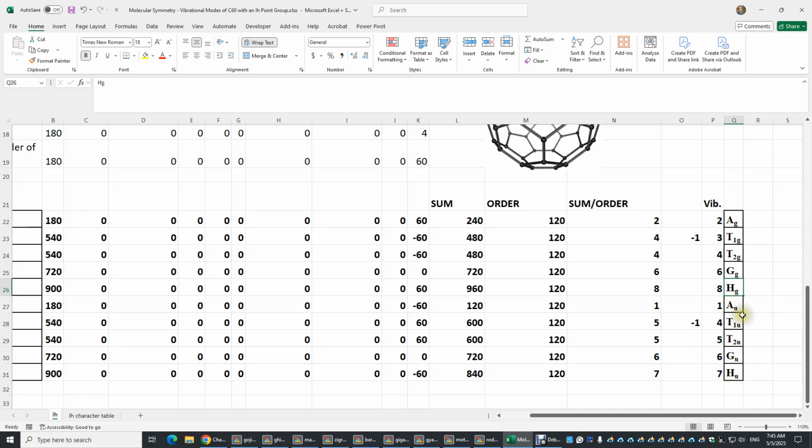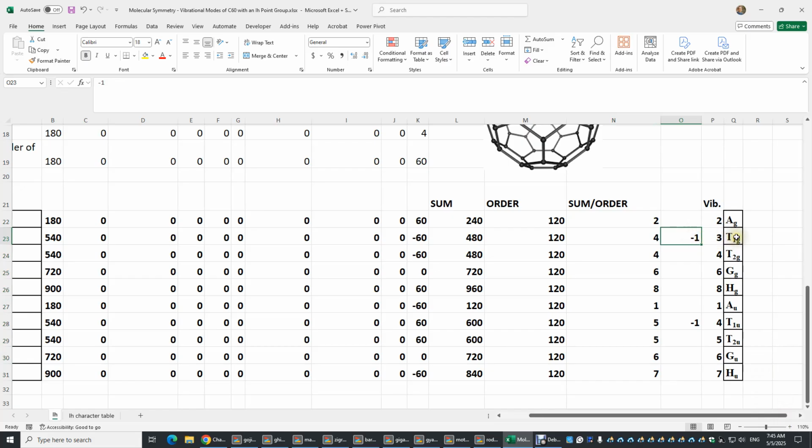Correspondingly, we have u symmetry as well, and then we have determined the symmetry of 180 motions, because we have 60 carbon atoms. Each has 3 independent coordinates, so we have 180 independent coordinates. Correspondingly, we have 180 independent motions, and they belong to these irreducible representations. And now, to determine the vibration modes, we need to subtract the rotations.